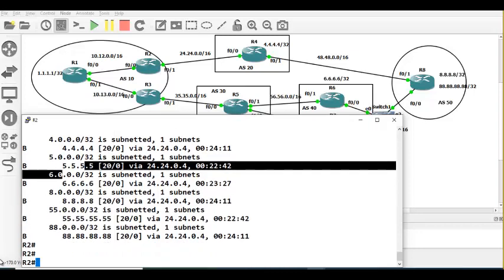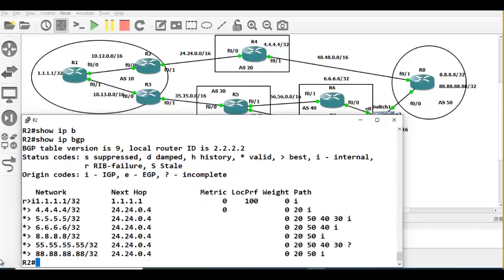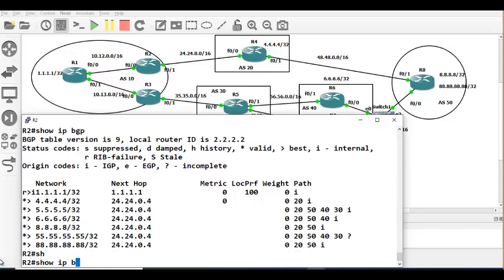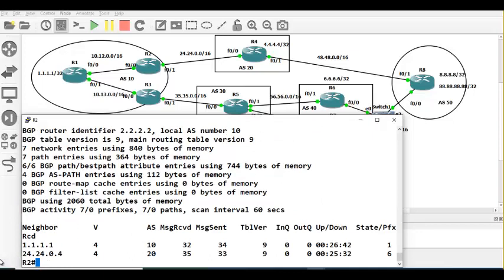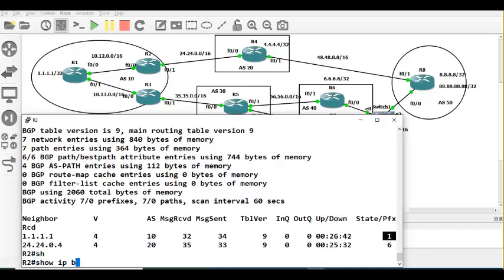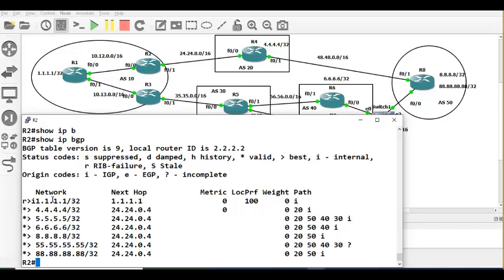So something is wrong. Let us check. Show IP BGP. Show IP BGP summary. I'm not learning many routes from R1. I'm learning only one route from R1.